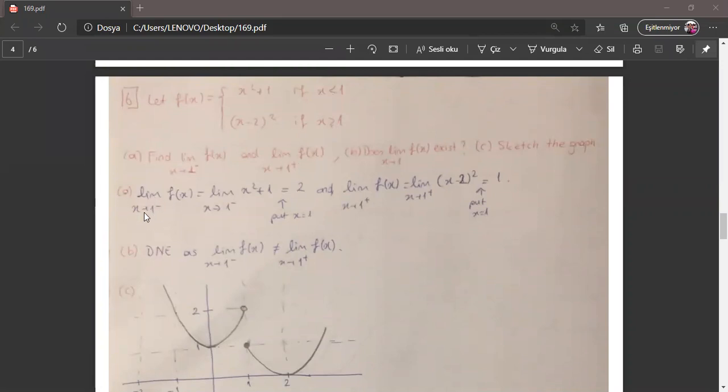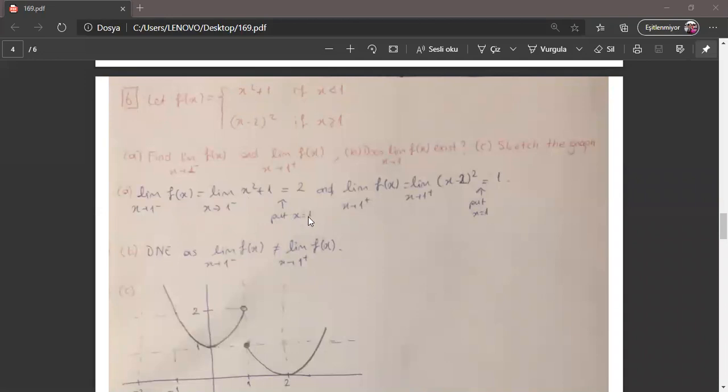So here the values of x are less than 1. So on this interval, when the values of x are less than 1, the function is defined by this, right? X squared plus 1. So instead of f of x, we can write x squared plus 1.